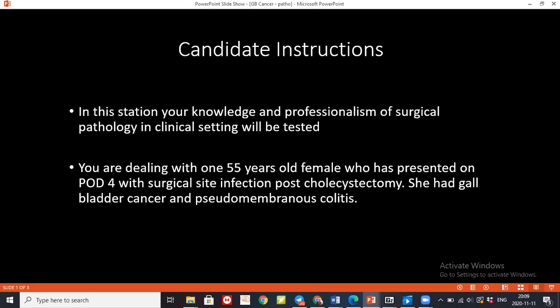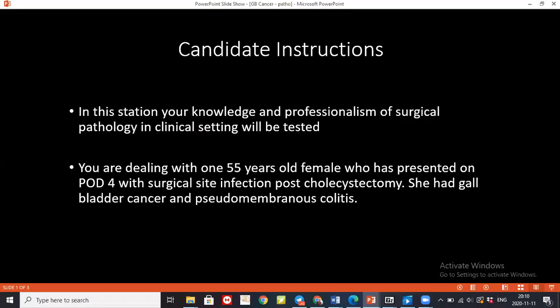Can you tell me what is the mode of spread of gallbladder cancer? It can be direct invasion or through the lymphatics. How would you grade them? For the lymph nodes, this involves the cystic lymph node or the pericholedochal lymph node.